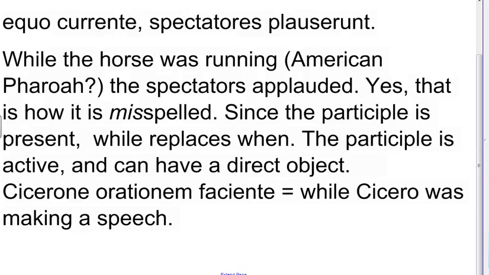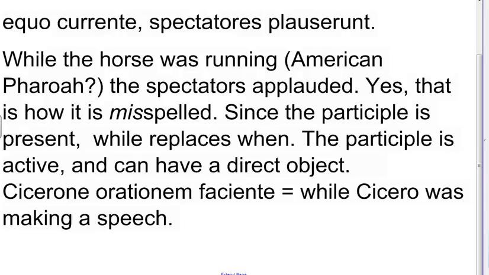Faciente is the ablative of the present participle of the verb facio, which we know quite well. Orationem, from which our English word oration comes, is in the accusative case because it is the direct object of the present active participle.